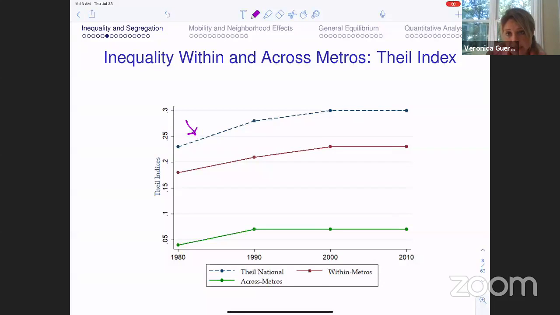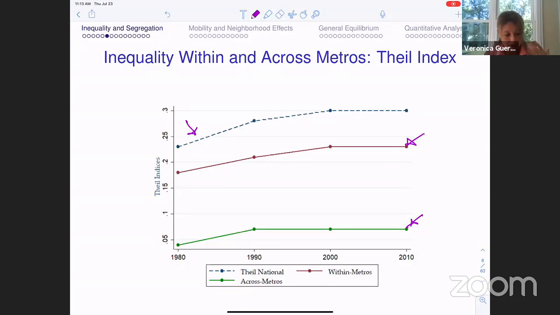It's a nice measure because it's very easy to decompose. And so we can decompose the increase in inequality measured by the tail index into the increase across metro areas and within metro areas. The red one is the inequality within metro areas, and the green one is the inequality across metro areas.